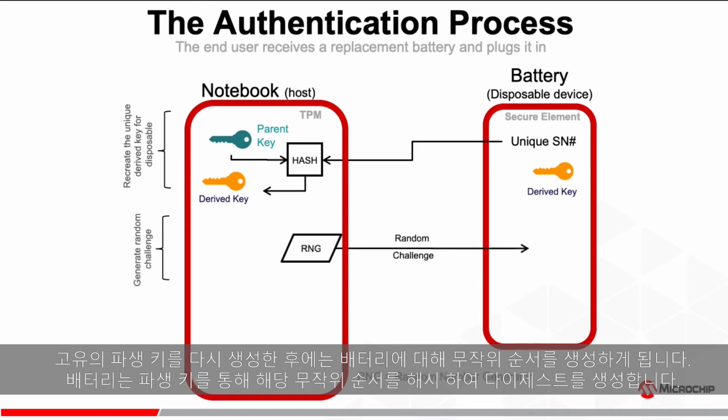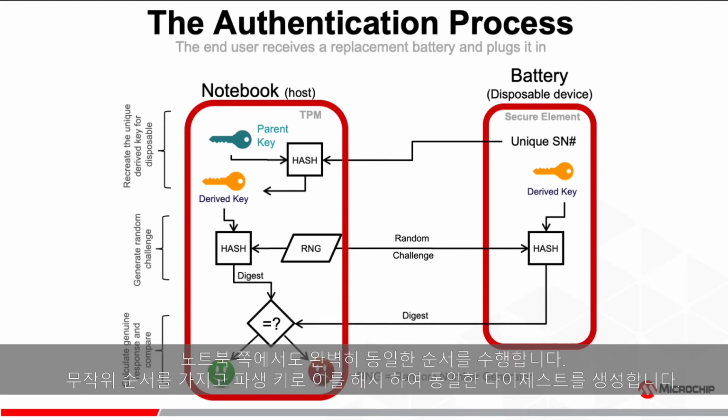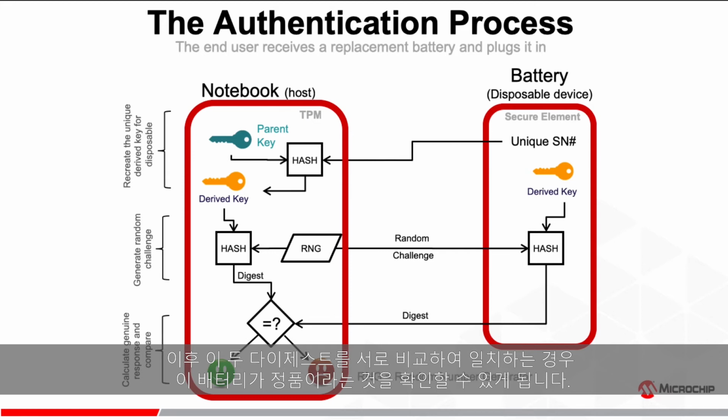This battery will then hash that random challenge with the derived key, creating a digest. The notebook on its side will do exactly the same thing. It will take that random number, hash it with the derived key, and create an identical digest. Then it will compare the two digests, and if they match, it knows that this battery is genuine.